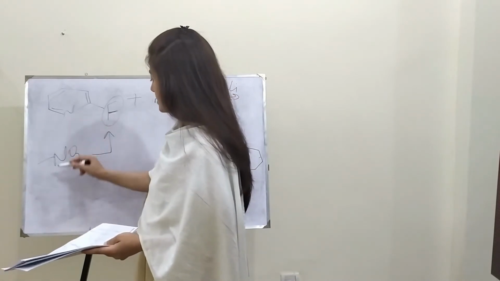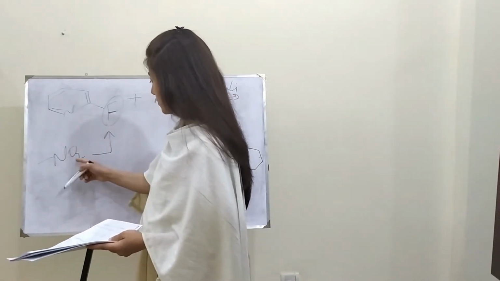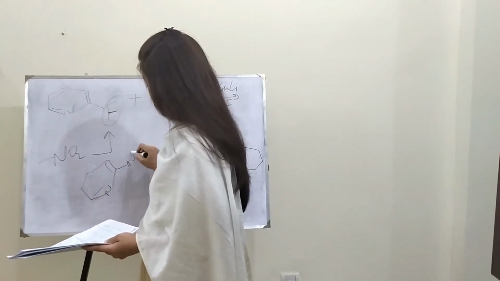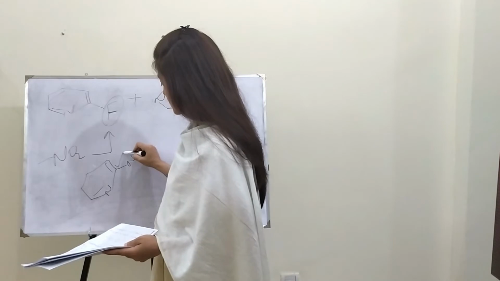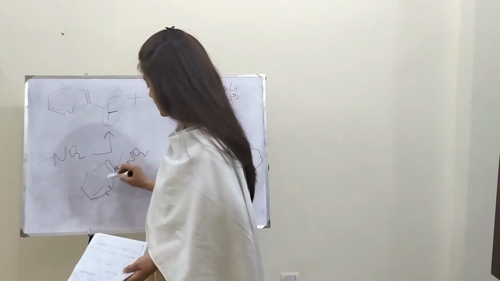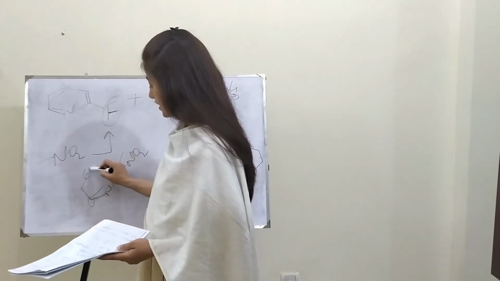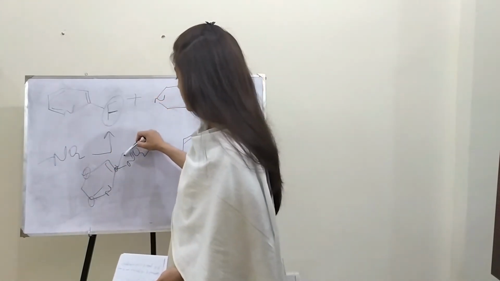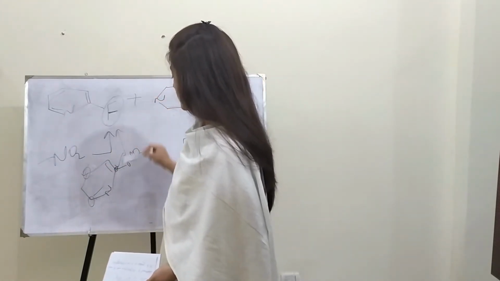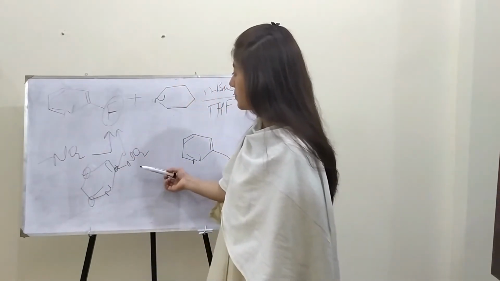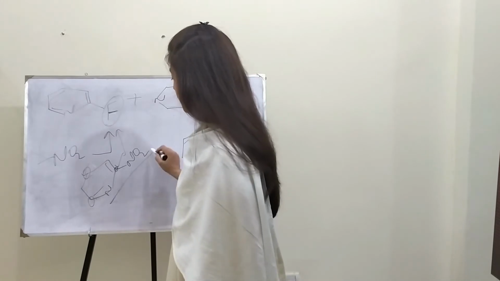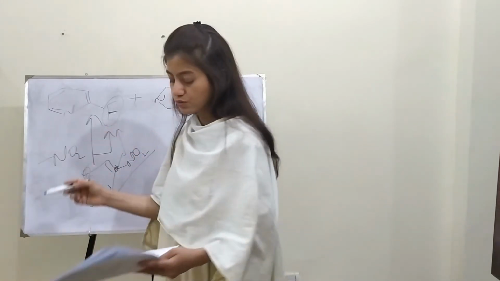If the pyridine is attached with nitro group either at alpha position, this position, or gamma position, this one, in this case these nitro groups can be easily replaced with the help of fluoride, and these nitropyridines can be easily converted into fluoropyridines.